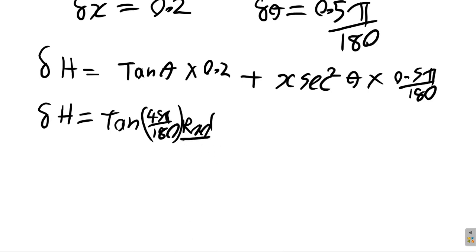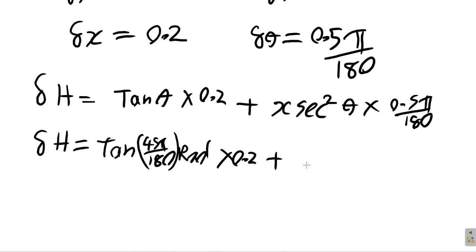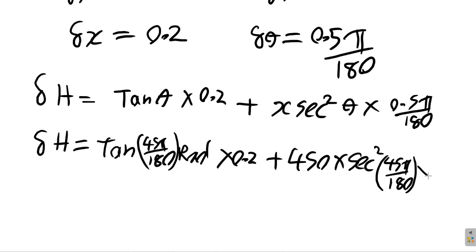I put RAD to remind us that it is radian. It's multiplied by 0.2 plus x, which is 450 meters, times sec squared of 45 pi over 180, multiplied by 0.5 pi over 180. So this is going to give you your delta h.